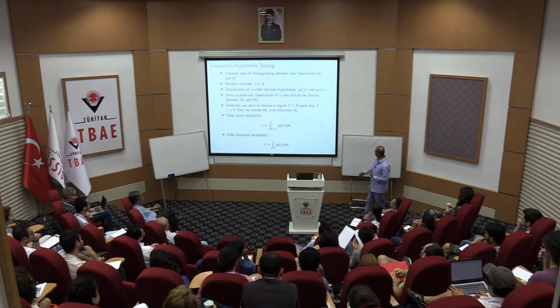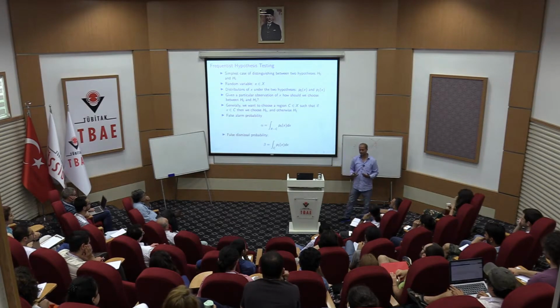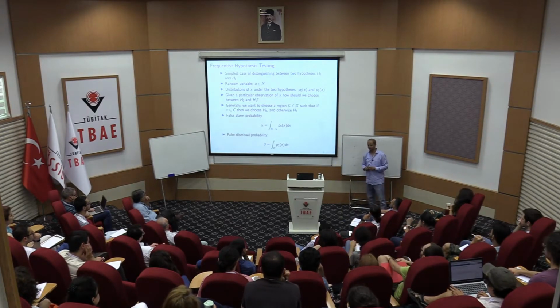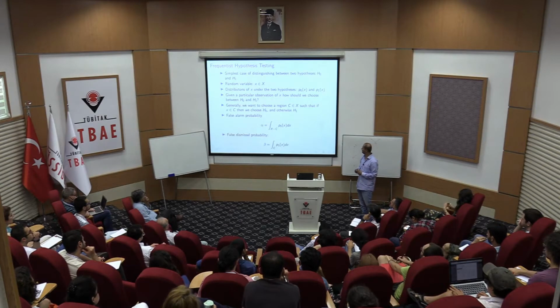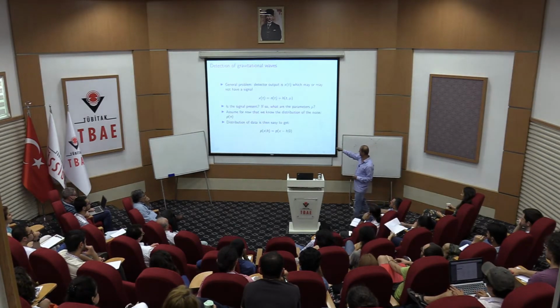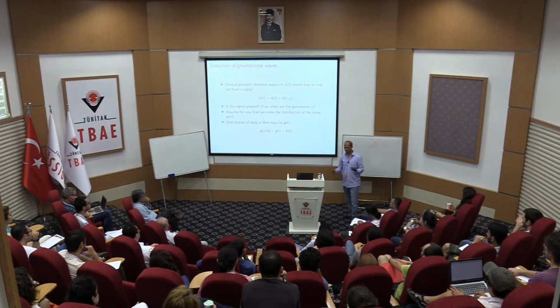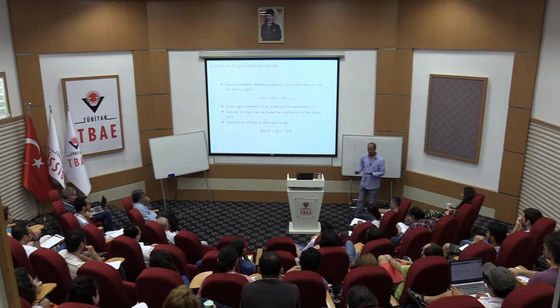So you have two hypotheses, let's call them H0 and H1. And you have some quantity that you measure, let's call it X. And also now say that you know the distributions of X under both of these hypotheses. So this is the analog of what I said here. In this case, the hypotheses are that this H is present or H is not present.